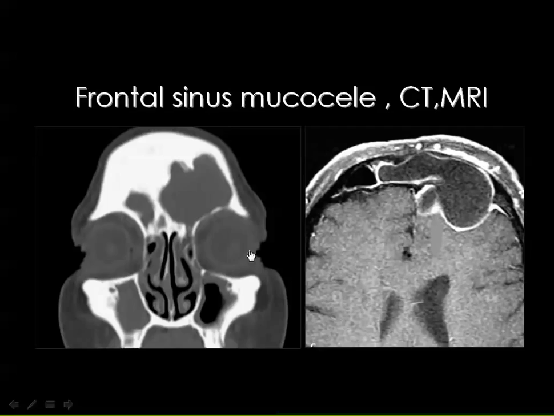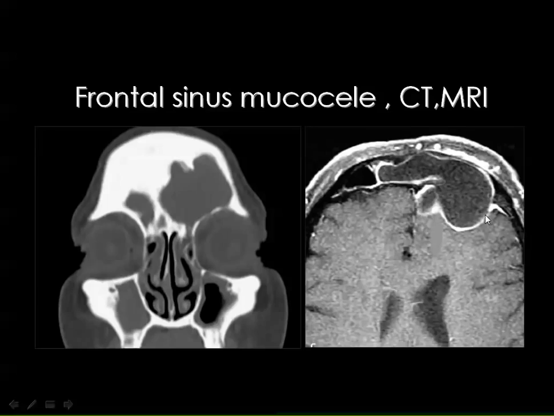And this is a CT scan, and this is an MRI of two different cases showing expansion of the left frontal sinus with rarefaction of the bony margins, diagnostic of frontal sinus mucocele. And this is an MRI T1 weighted image post contrast showing expansion of the frontal sinus with bulging of its posterior wall intracranially.